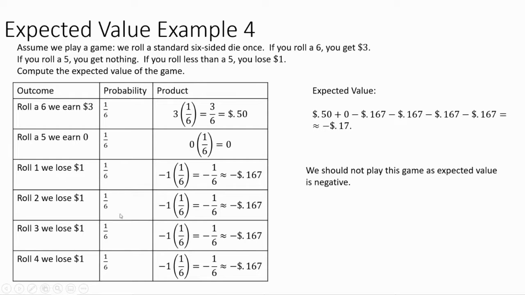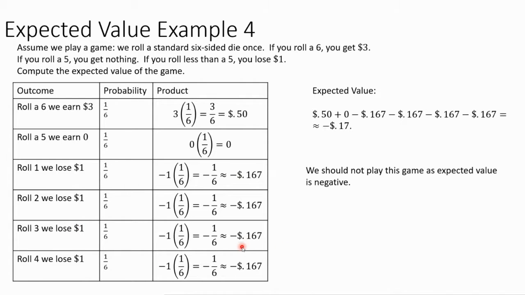The probability of each one is 1 over 6. So for each of these products, it's -1 times 1 over 6, which is -1 over 6, about -0.167 dollars. Same thing with rolling a 2, a 3, and a 4.